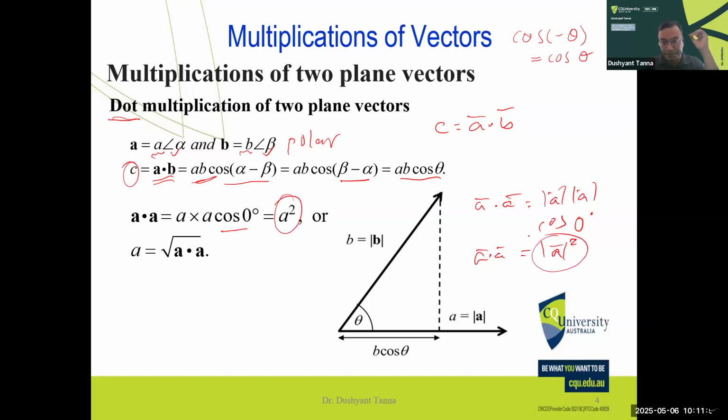It is the magnitude of A. So if you want the magnitude of A, you can say the square root of vector times vector, and by times I mean the dot product. As we can see, in this one there is nothing with i, j, k. There is a scalar output. C is a scalar output of A dot B.